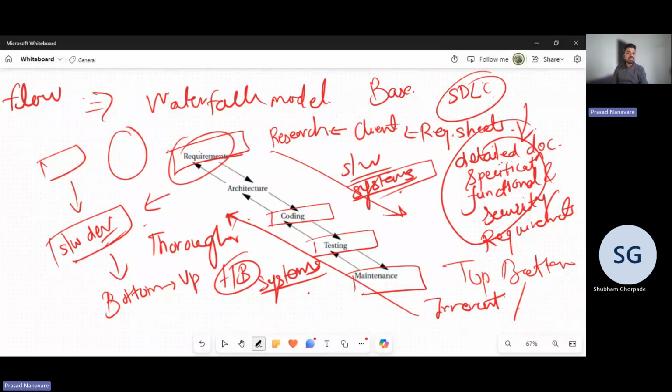You must have studied the waterfall model, right, Shubham? Yes, sir. It is not relevant, but as history we have to take a look at it and study it. So this is how it is.